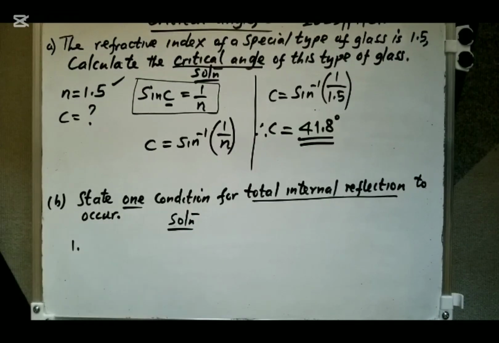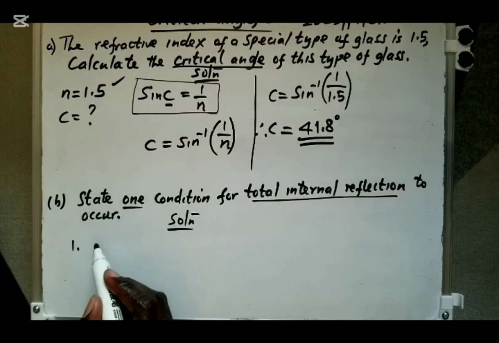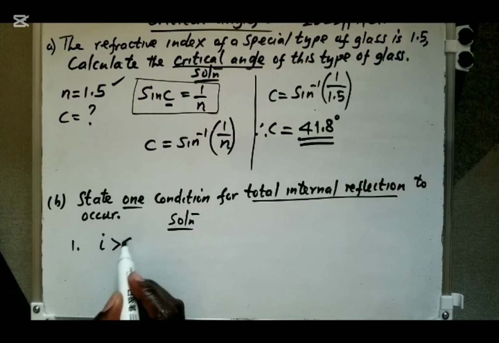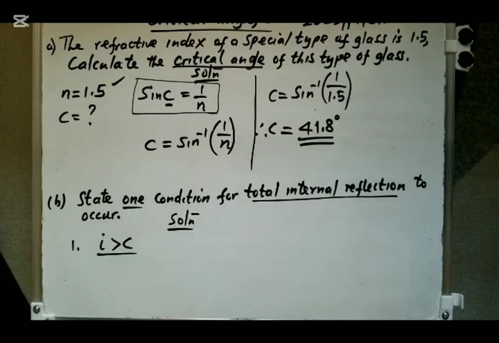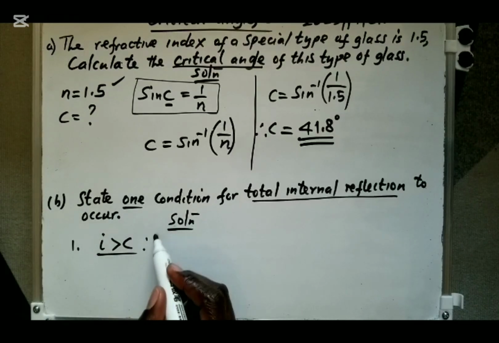So one of the conditions is that a ray of light must be moving from a more dense medium to a less dense medium. Then the other one, what we mean is the angle of incidence i should be greater than C, the critical angle. That's another condition that is needed.